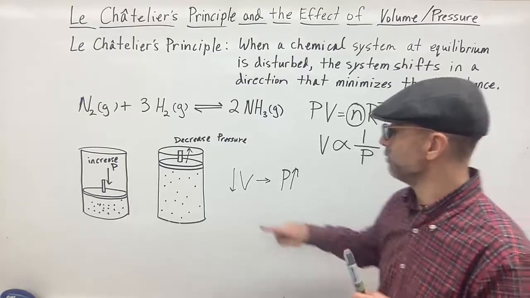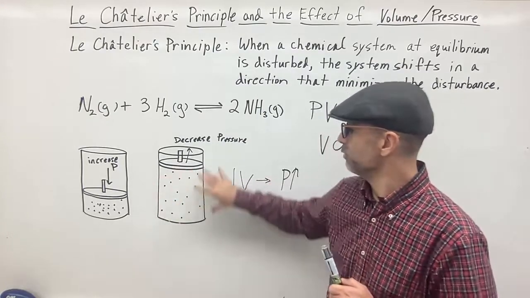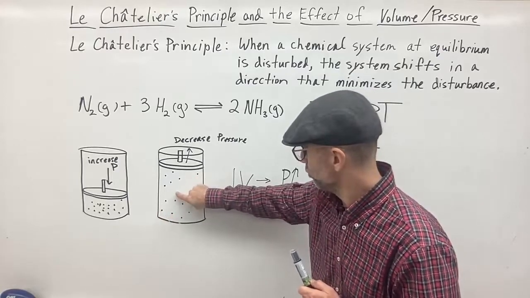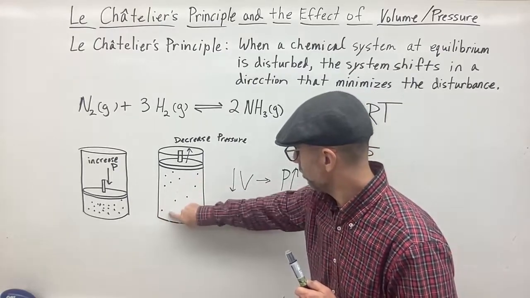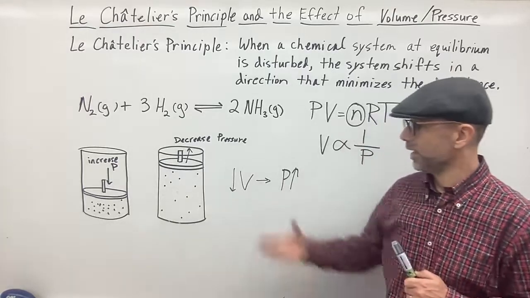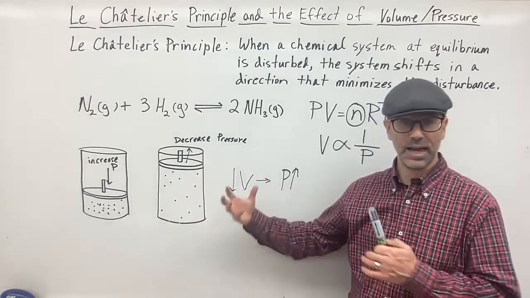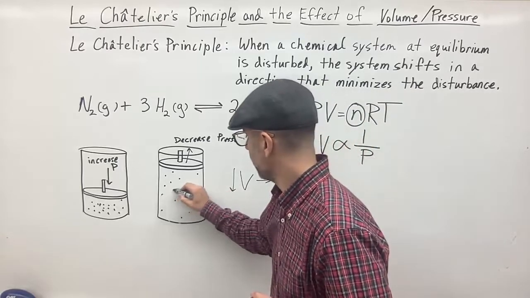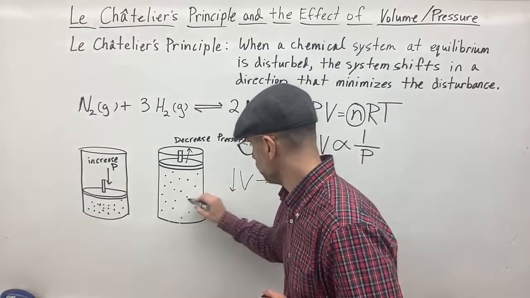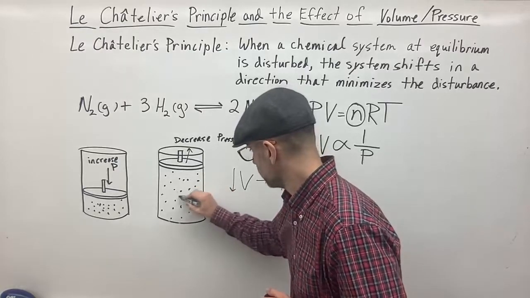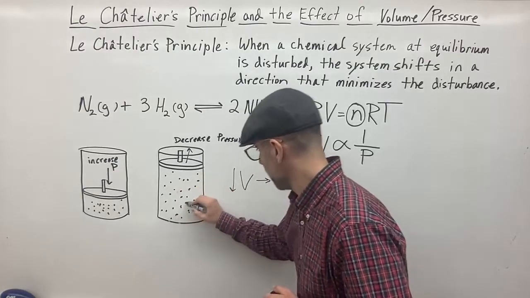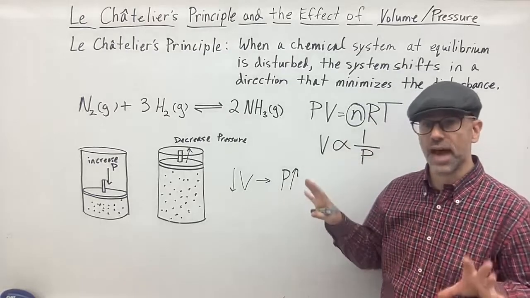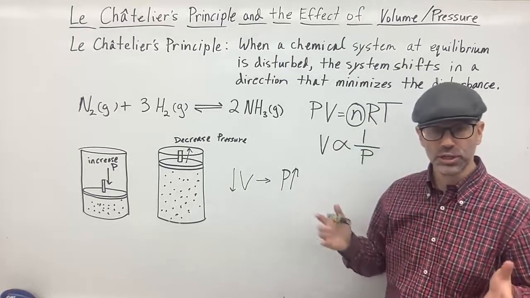So if I keep the volume the same here and I just remove some of the particles, then by removing the particles, I've decreased pressure. Or if I add more particles to the system, the more particles I add, then more collisions to the side of the container, more pressure.